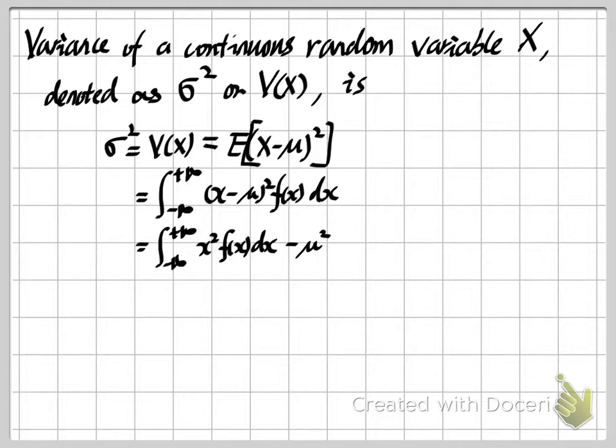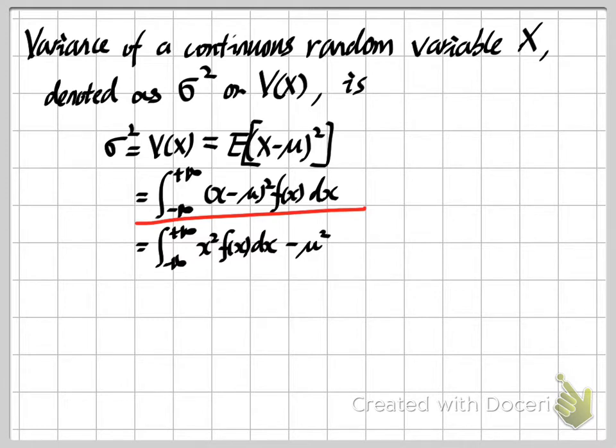It's also defined as the mean of the square of the difference between x and the mean. And because the mean of our continuous random variable is defined as an integral, that's why the formula of the continuous random variable looks like this.